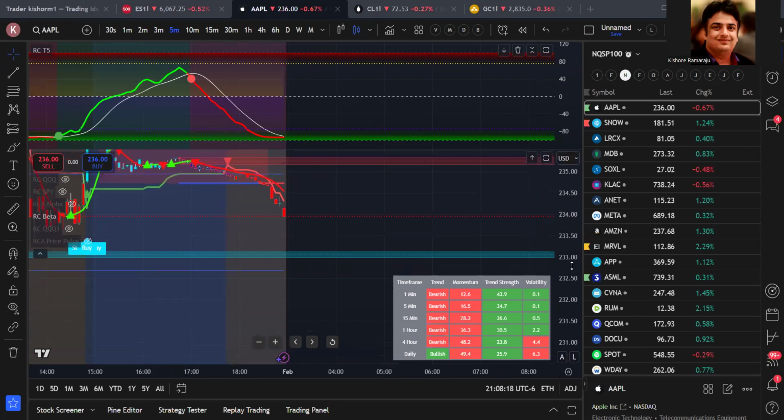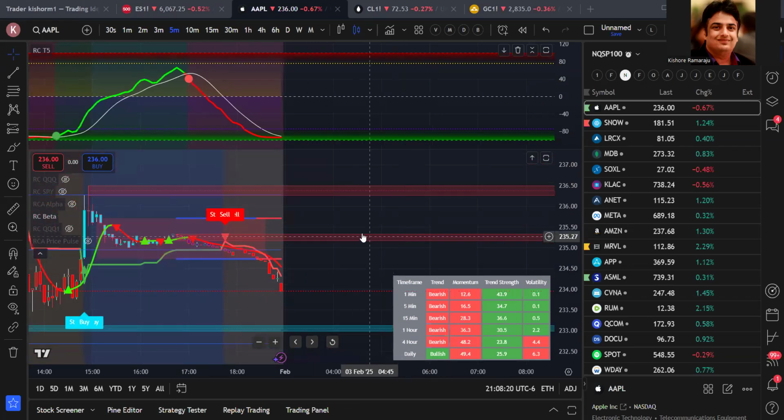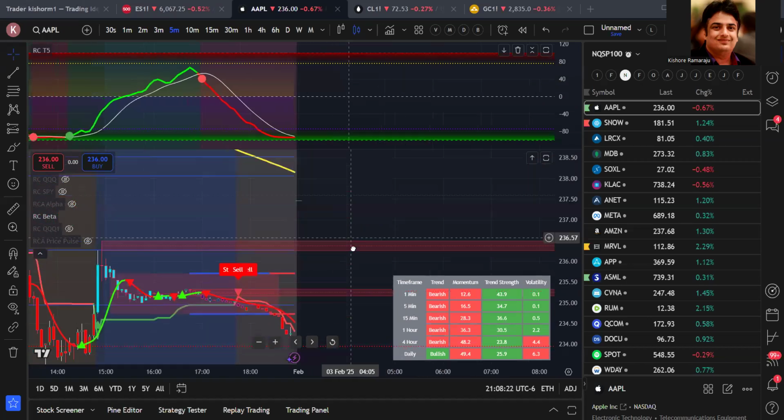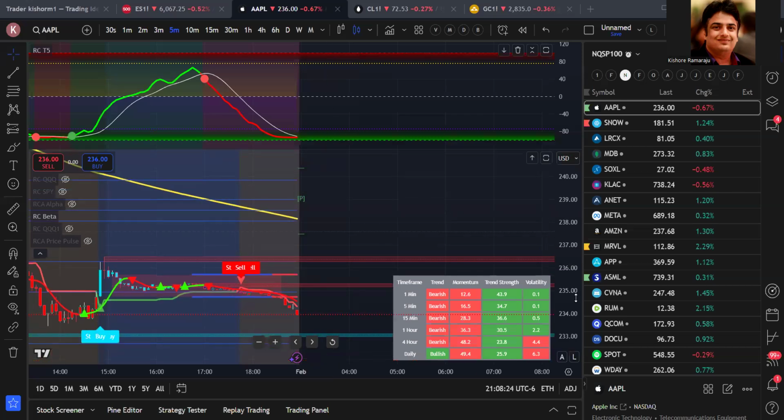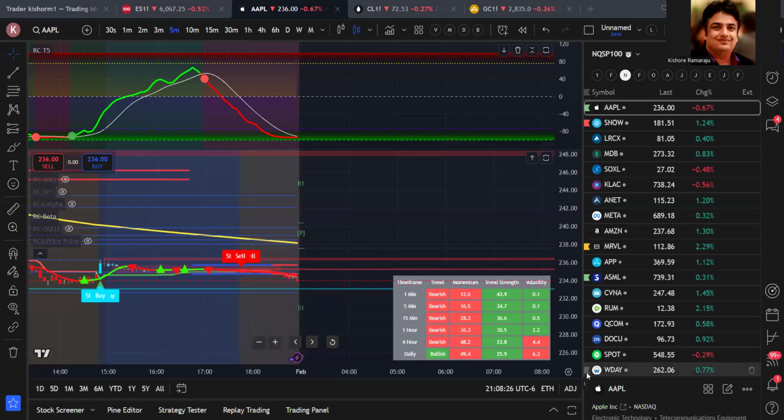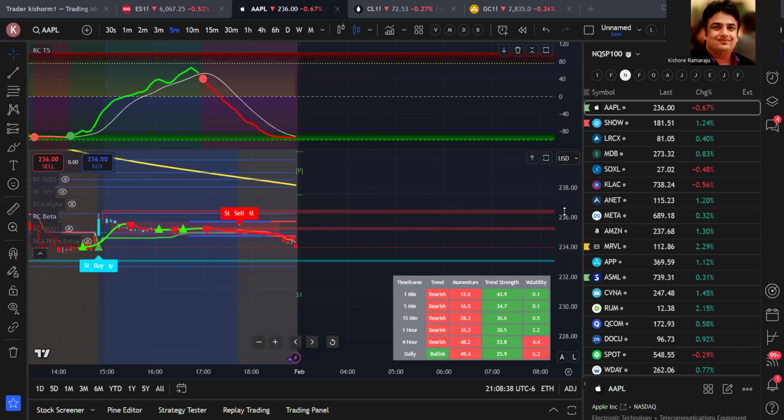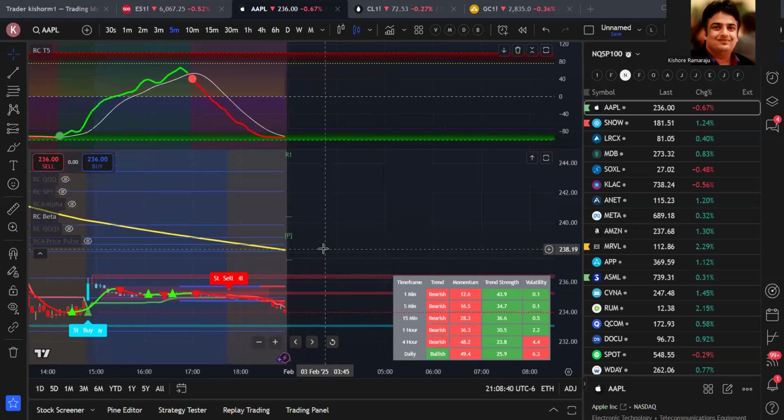So if you buy at 233, minimum is 236. Or if it breaks this, it can go all the way to 248. If 236 breaks, then if you buy calls, you will make huge profit. There is no resistance in between 236 and 248. So if Monday is a bullish day, we can see some nice move on Monday on Apple.